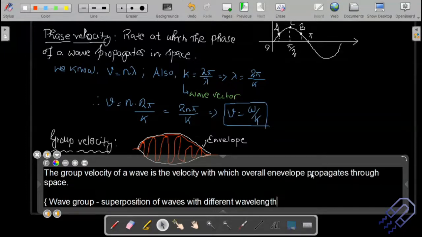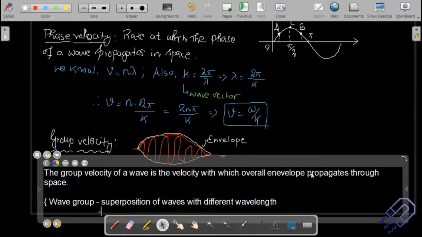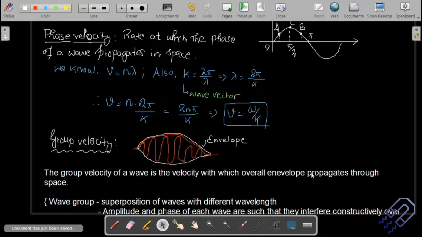So what does it mean? It means that the amplitude and phase of each wave are such that they interfere constructively. That's very important, because if they don't interfere constructively, we're not talking about group velocity. We're talking about something which you call noise. Constructively over a small region.